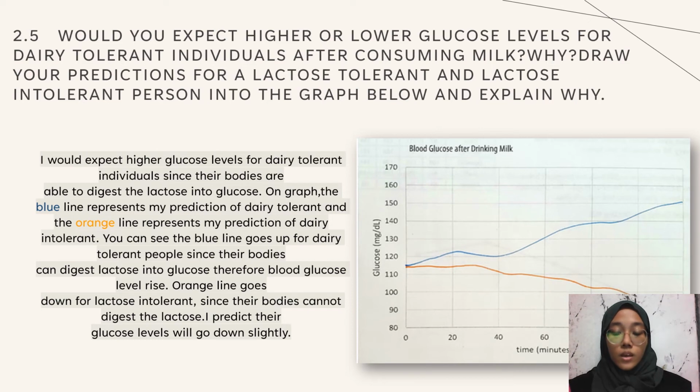On the graph, the blue line represents my prediction of dairy tolerance and the orange line represents my prediction of dairy intolerance. You can see the blue line goes up for dairy-tolerant people since their bodies can digest lactose into glucose. Therefore, blood glucose level rises. The orange line goes down for lactose intolerance since their bodies cannot digest the lactose. I predict their glucose levels will go down slightly.